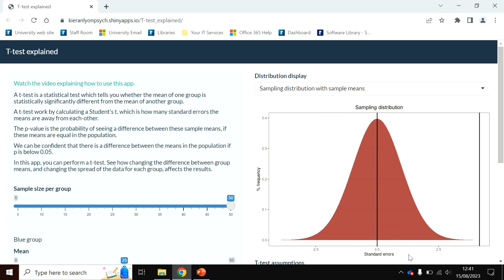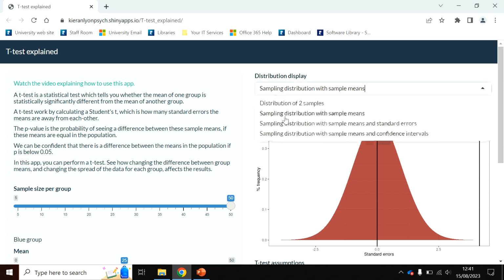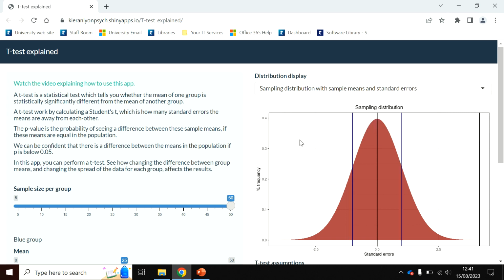A standard error is just the standard deviation of the sampling distribution, and you can actually show the standard error here. And what that means is that most of the time, so about 67% of the time, if you measure many means from a population, around 2/3 of the time the means would be between here and here.